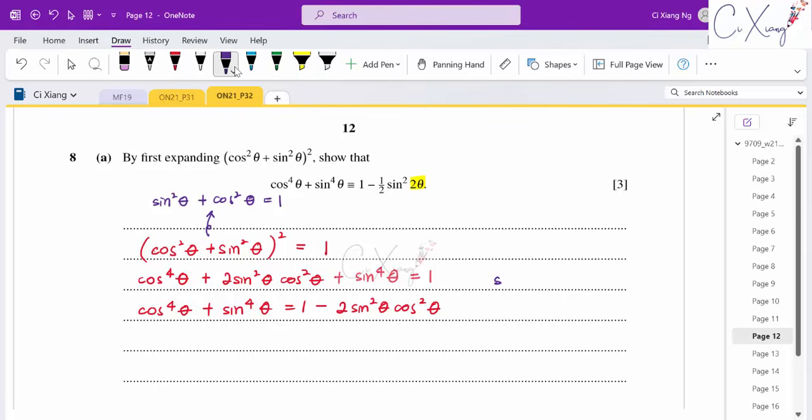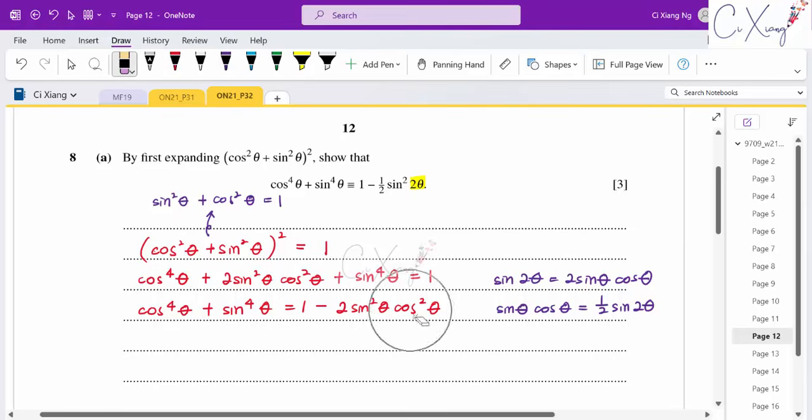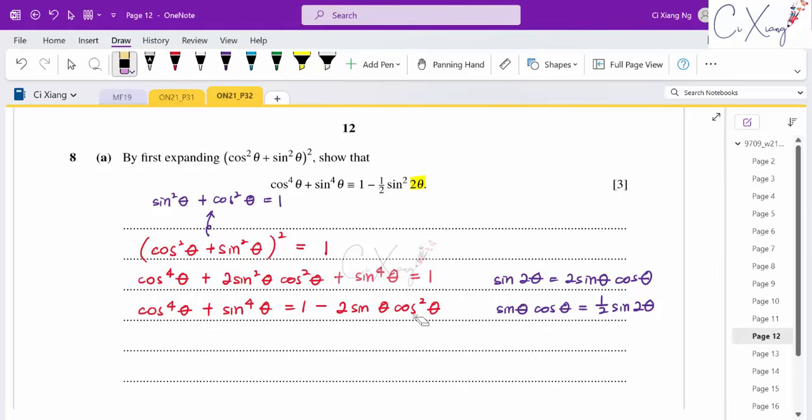Since I know that sine 2 theta equals to 2 sine theta cos theta, according to the formula that we have, now I want to change sine theta cos theta. It will be equals to half sine 2 theta. Okay, so I want to apply it in our particular step here. Then before I can apply it, sine square theta and cos square theta, actually I can write them as sine theta cos theta with a square outside.